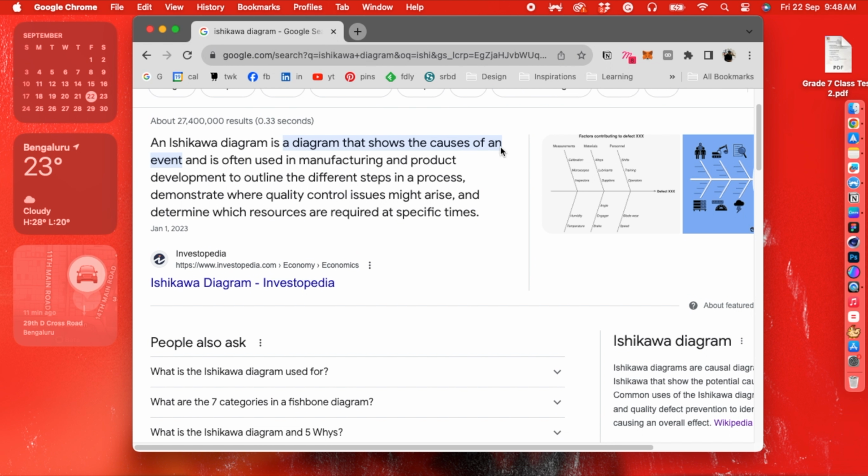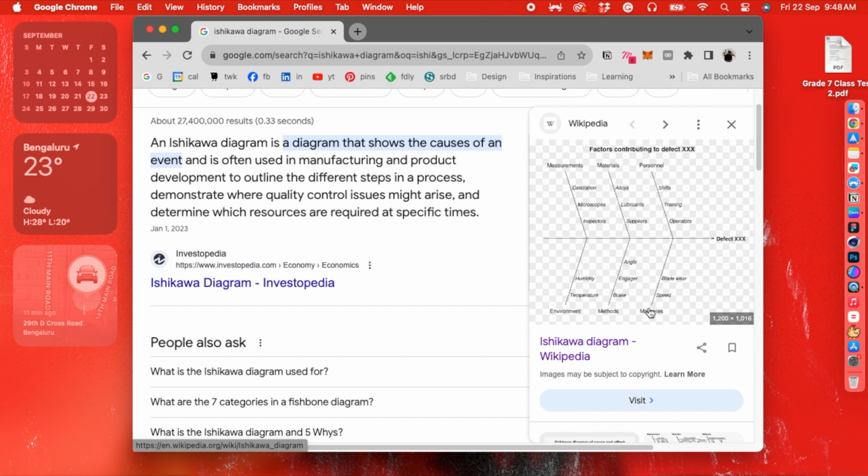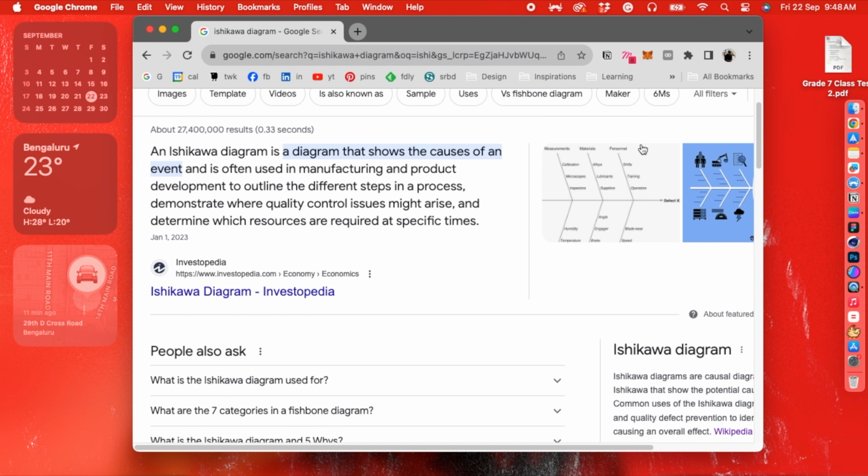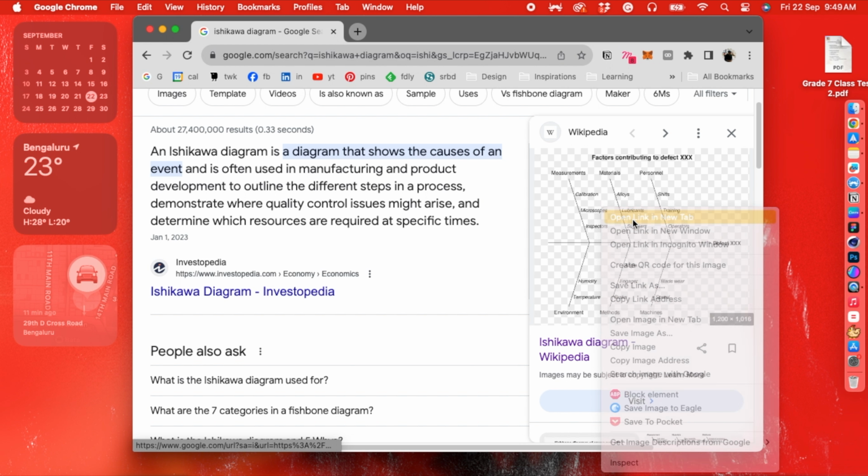So this is how the Ishikawa diagram will look. The main problem will be listed right here, and the categories of that problem will be listed here, and the final problem which happens in relation to this category will be listed here. Based on the shape of this diagram, this is also called a fishbone diagram.